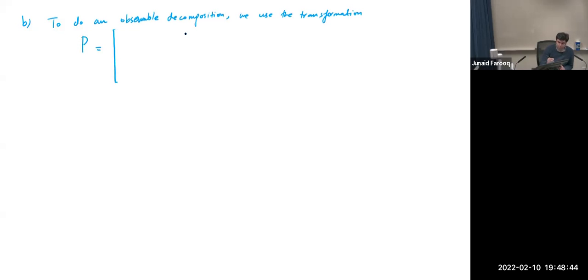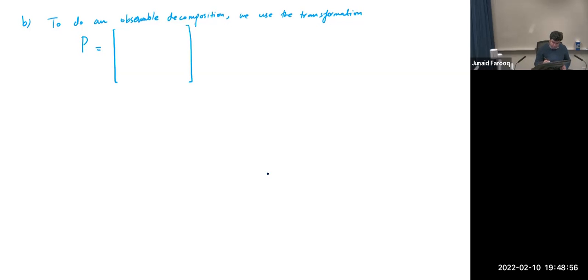So we need to do a transformation. To do an observable decomposition, we use the transformation P, and P is going to be composed of, remember, P1, P2, P3. P1 and P2 can come directly from the independent rows of the observability matrix.